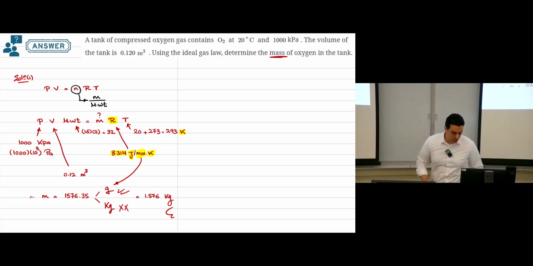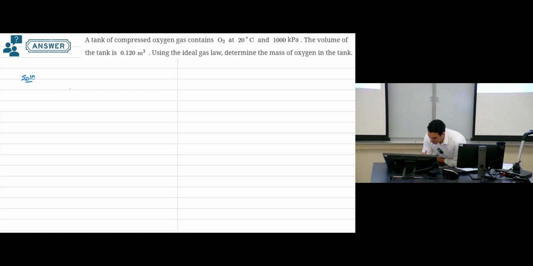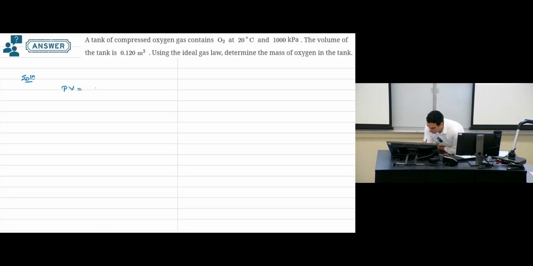Or we have another solution. Someone can say we can do the following. We can say we have PV equal to mRT instead of nRT, and then look for the value of R. So we need the R value for oxygen expressed per mass.